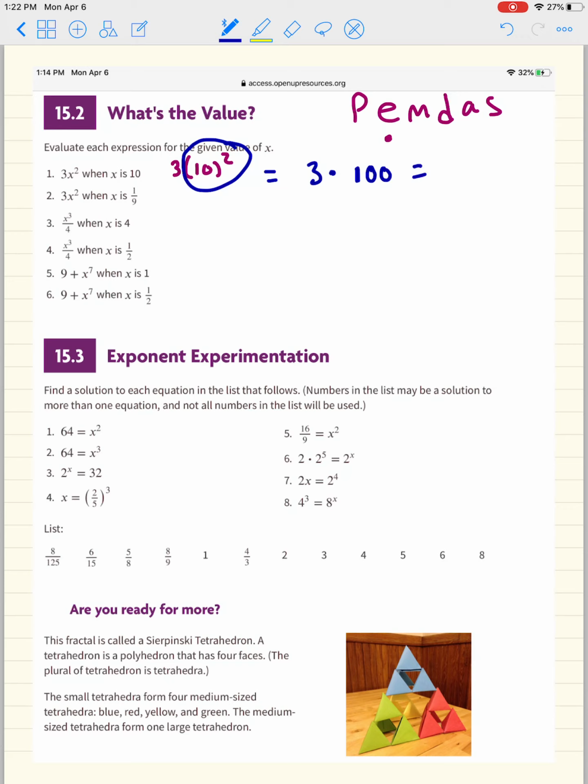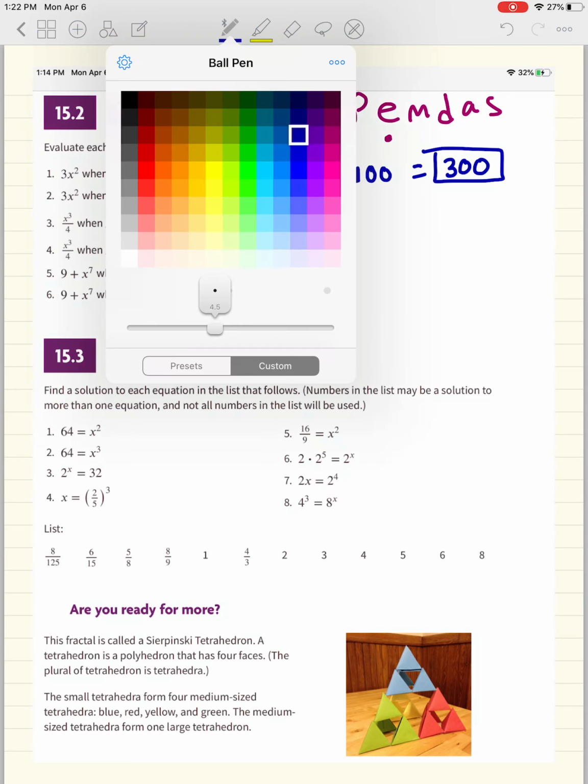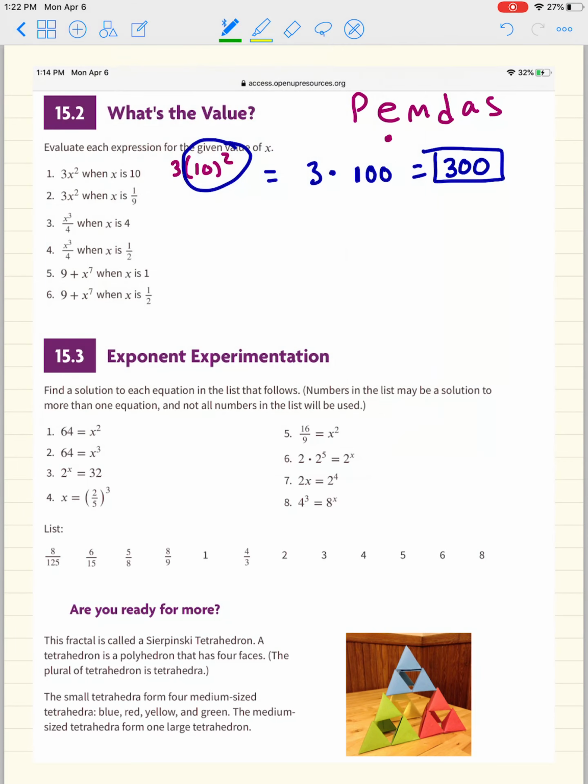Now I have 3 times 100, and I'm going to get 300 as my answer. Had I not followed my order of operations, I would have gotten 30 and then squared 30, and that would not have given me the right answer.